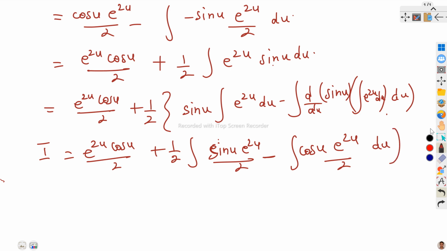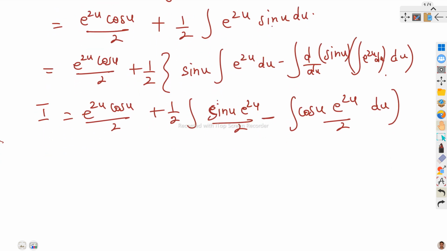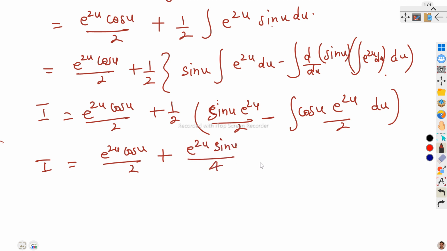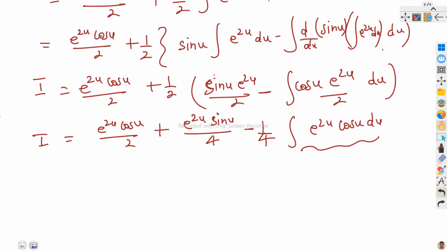So using these relations we can write I equals e raised to power 2u cos u upon 2 plus, sorry, we have to integrate this function, so this becomes e raised to power 2u sin u upon 4 minus 1 upon 4 e raised to power 2u cos u du.